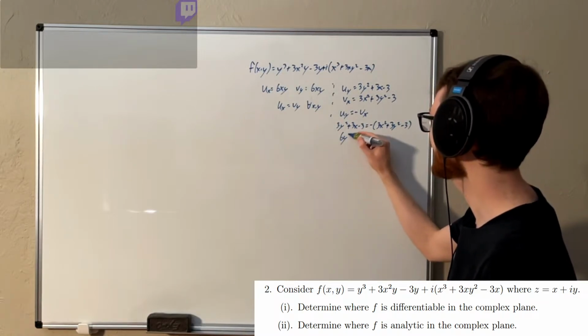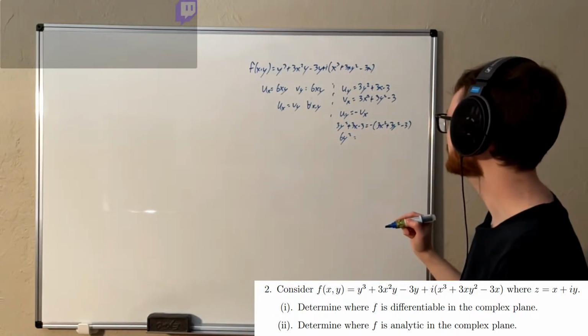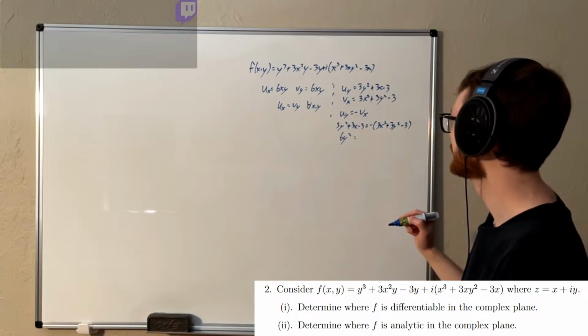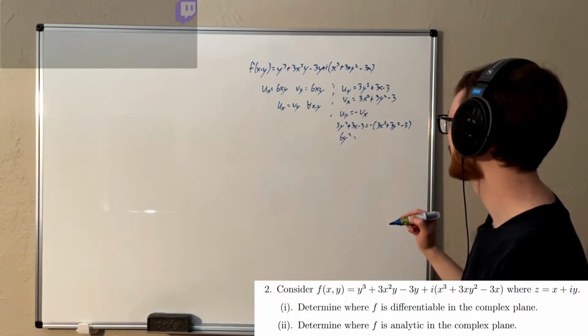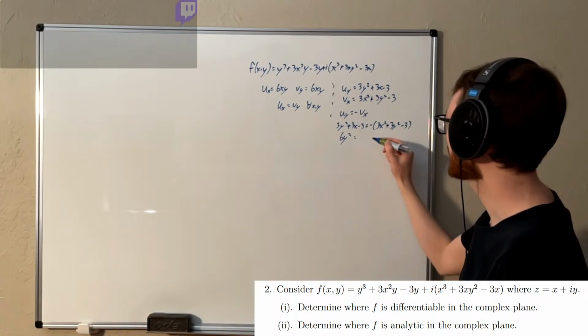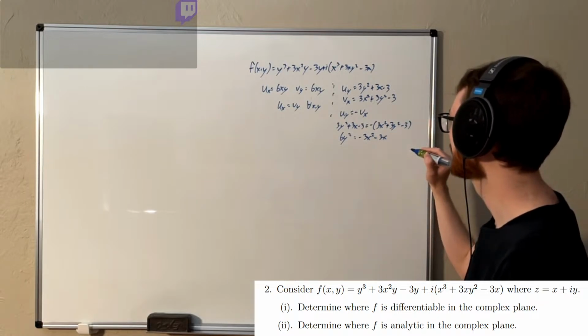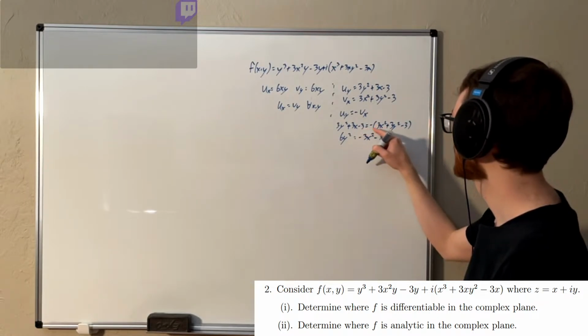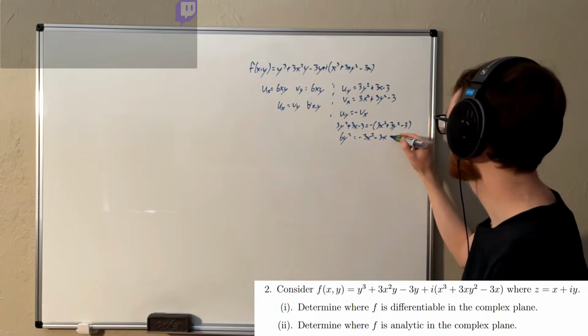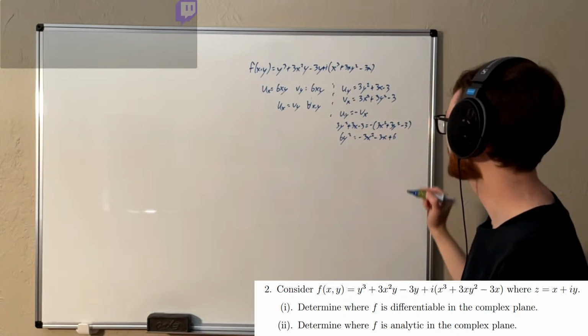So we're going to get 6y squared on one side. Negative 3x squared minus 3x. That's positive 3. We add another 3 to it to get 6.